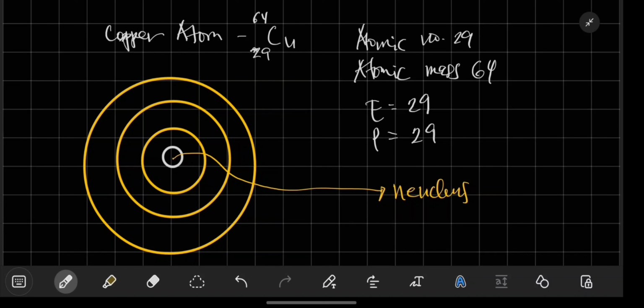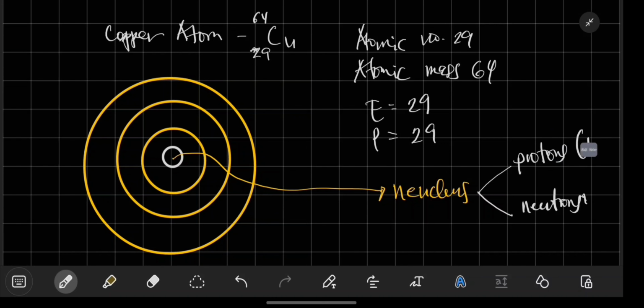Okay? So, how about the number of neutrons? Kasi sa loob ng nucleus, inside the nucleus, dalawa yung meron dyan. So, nandyan ang protons and nandyan din yung neutrons. Okay?